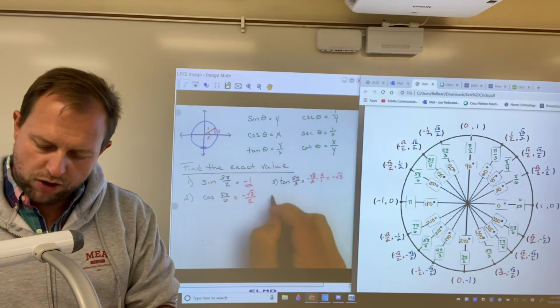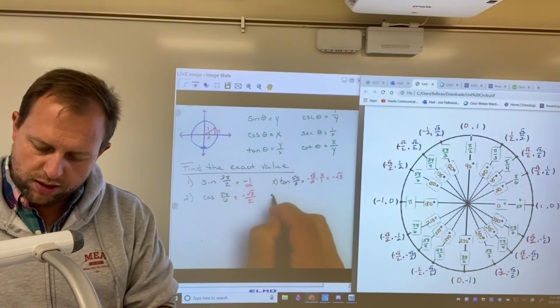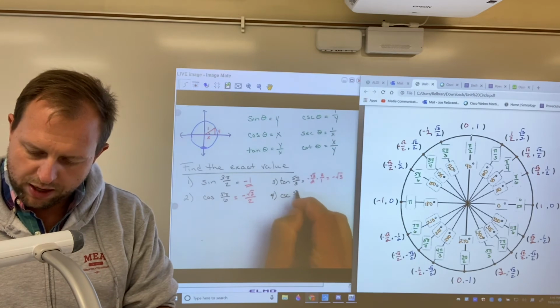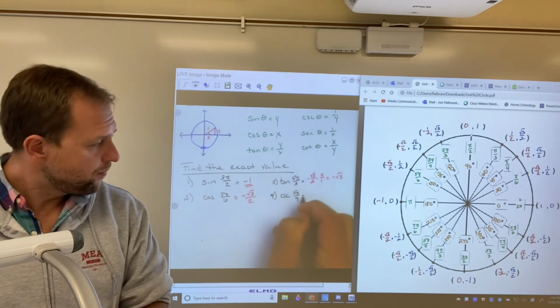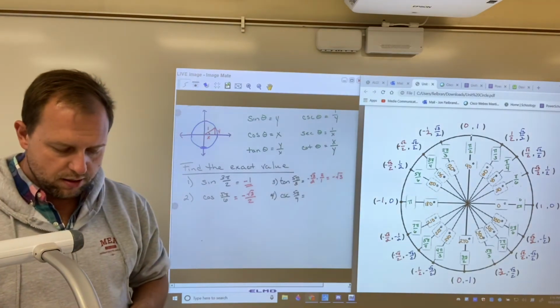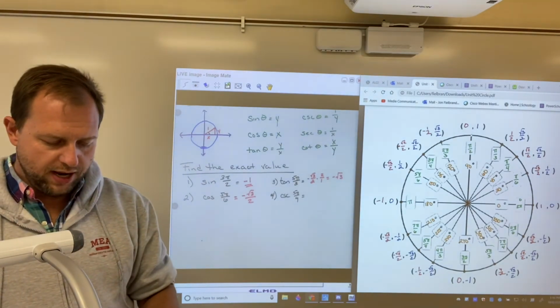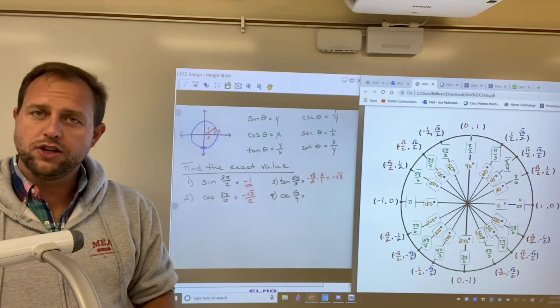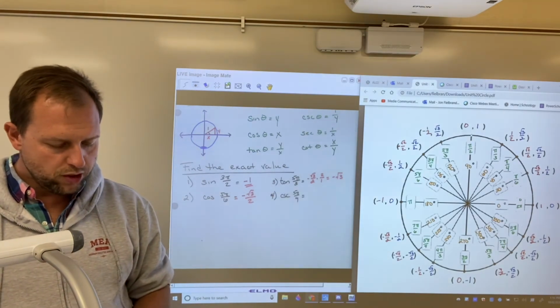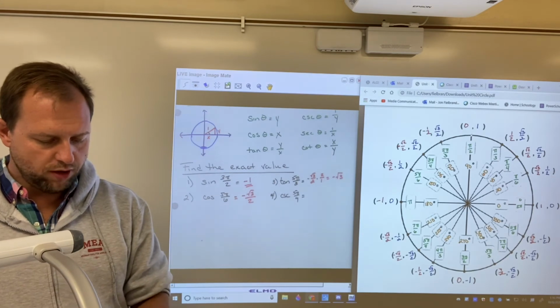If it's an inverse function, so the cosecant of 5 pi over 4, the first thing we're going to do is find the sine and just flip it, since the cosecant is 1 over y.